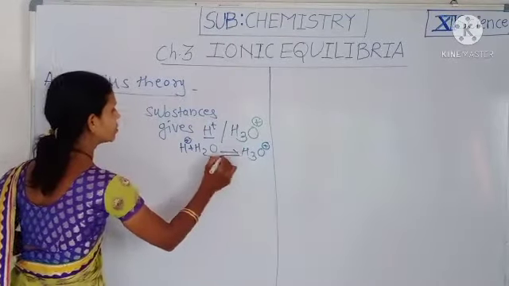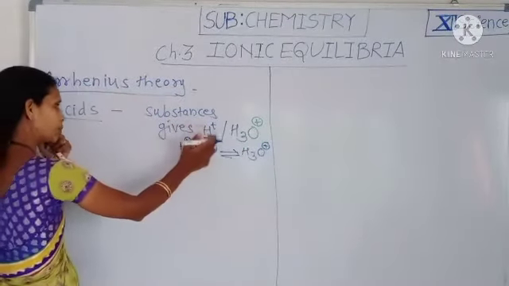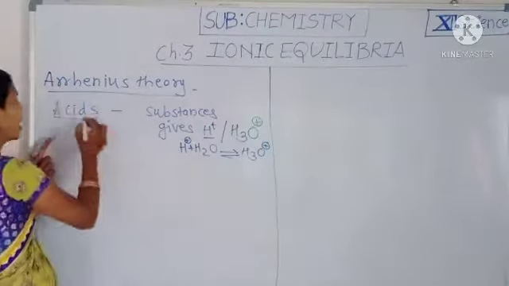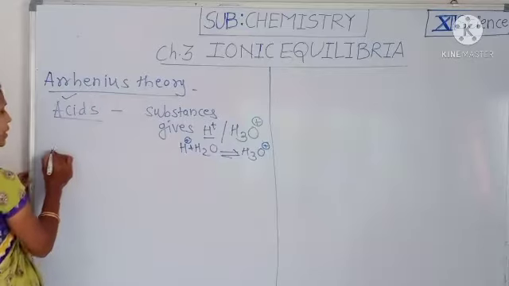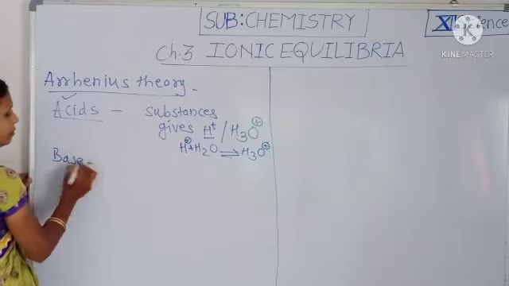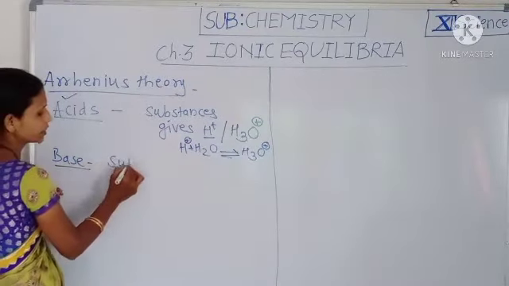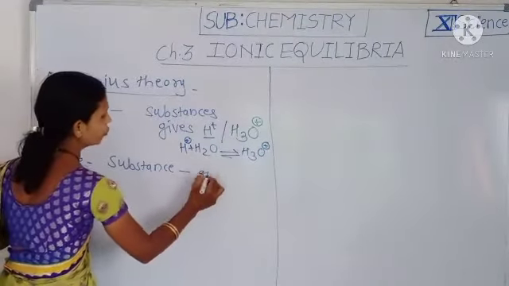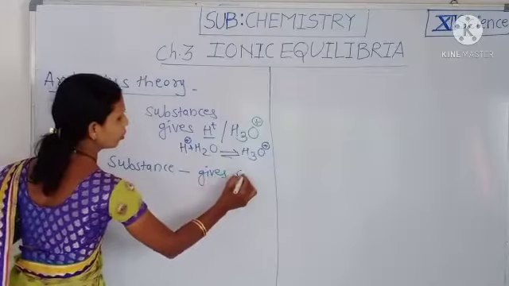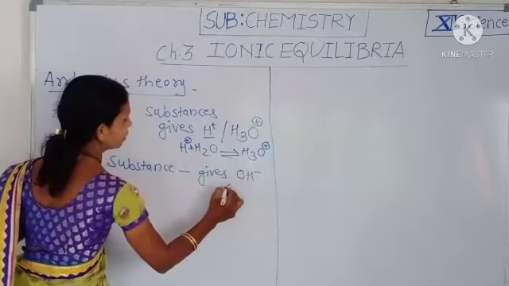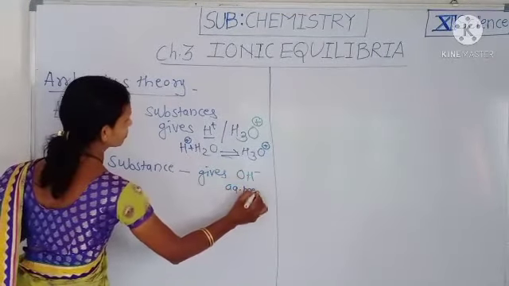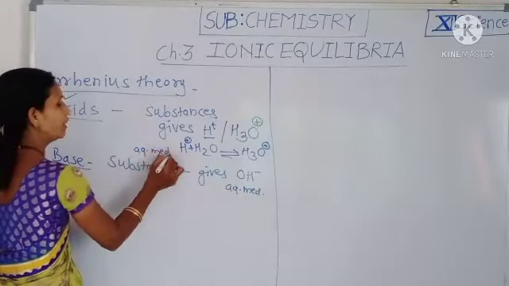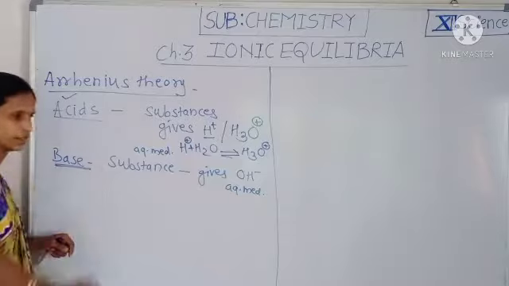The species which give H plus ion or H3O plus ion in aqueous medium are acids, while a base is a substance or species which gives OH minus ion in aqueous medium.